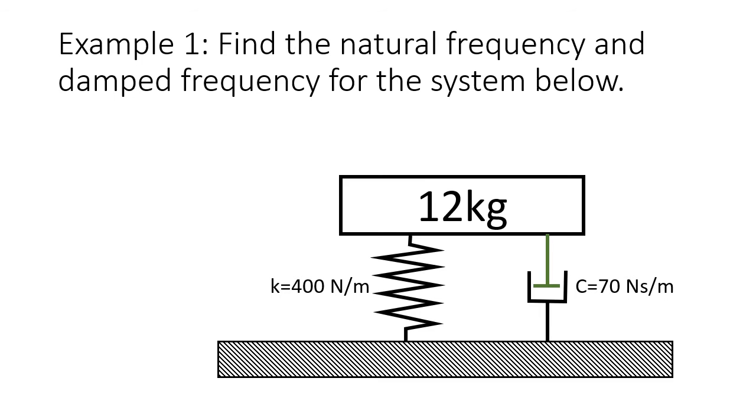We've got a 12 kilogram mass, a stiffness of 400 Newton per meter, and a damping coefficient of 70 Newton seconds per meter. So we've got all we need really, first of all, to find the natural frequency, and then if we can calculate the damping ratio, we'll be able to work out then what the damped frequency is. So I'll just go on to a blank slide and run through that then.